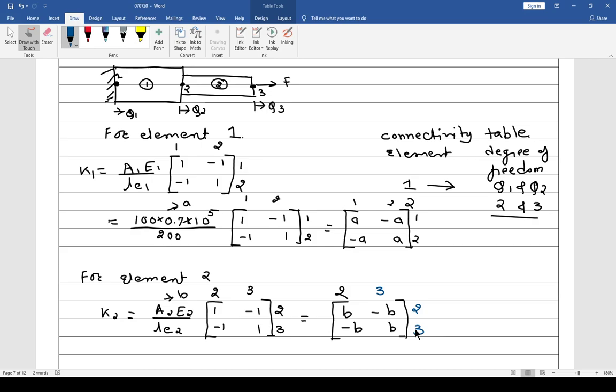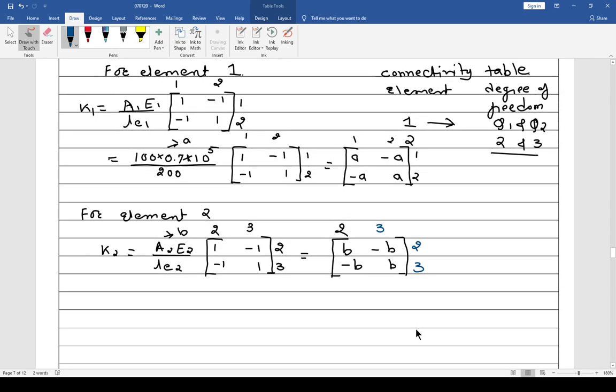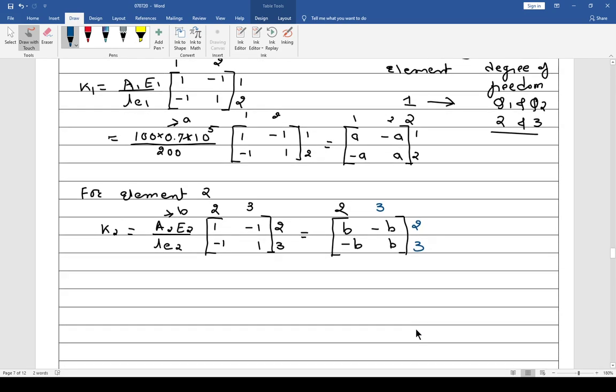Okay, now this is how I got the element shifter matrix.